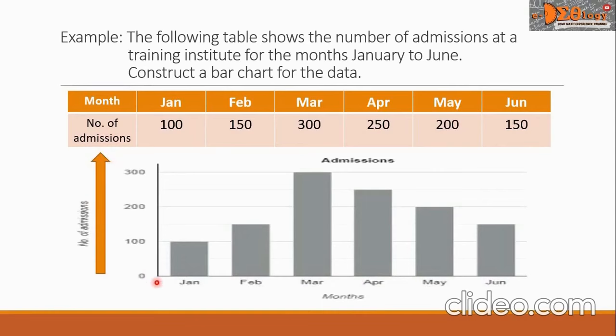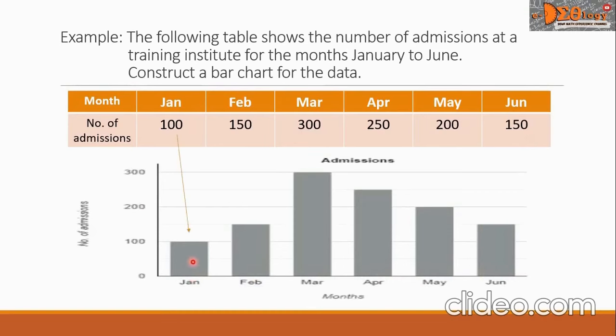The vertical line is numbered on some intervals from 0, 100, 200, and 300. We stop on the 300 because the highest frequency here is 300 only. Please observe that our rectangles here are of equal width and they represent each month with the corresponding number of admissions.